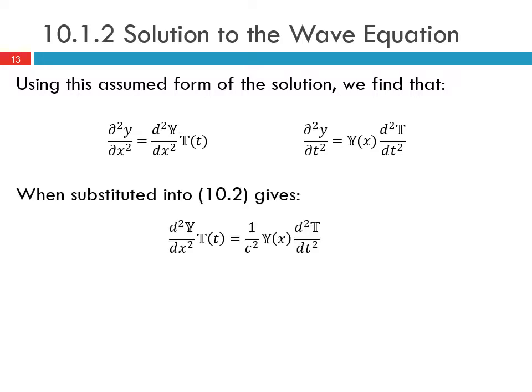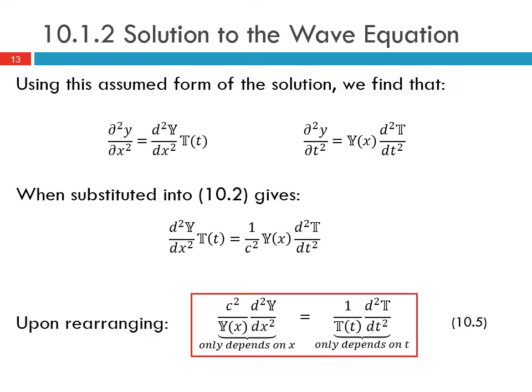So when we substitute this into our equation of motion, we get d2Y by dx squared times T of t is equal to 1 over c squared Y of x d2T by dt squared. And we can rearrange this to say that c squared over Y of x times d2Y by dx squared, which only depends on x, is equal to 1 over T times d2T by dt squared, which depends only on t.